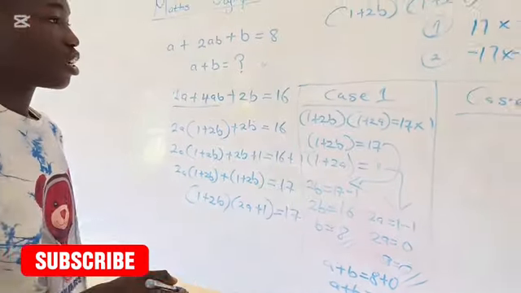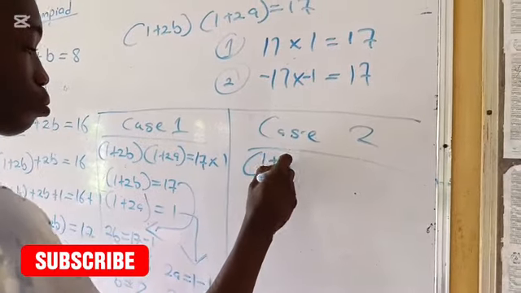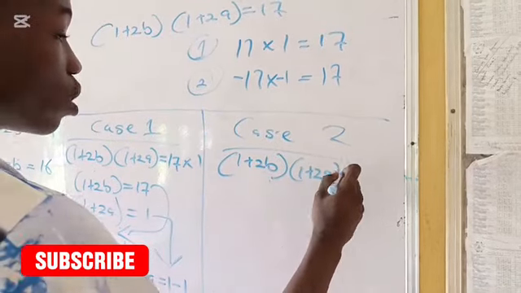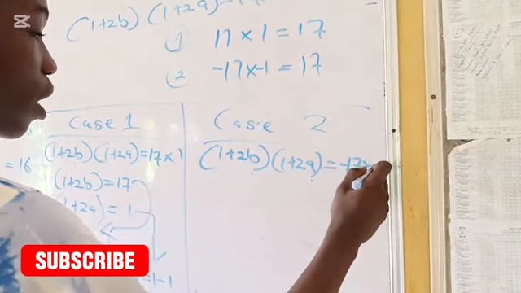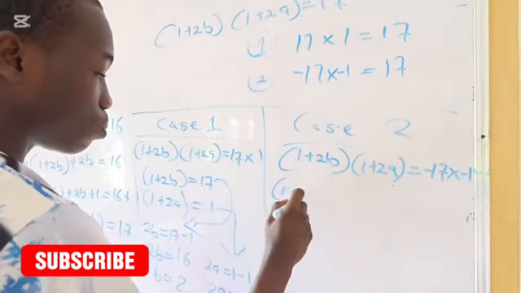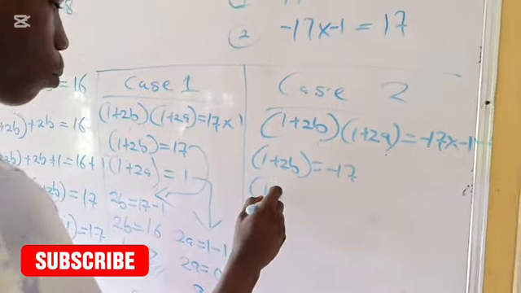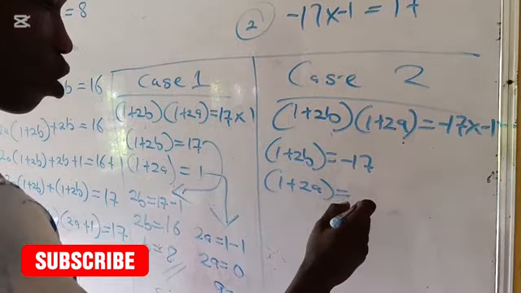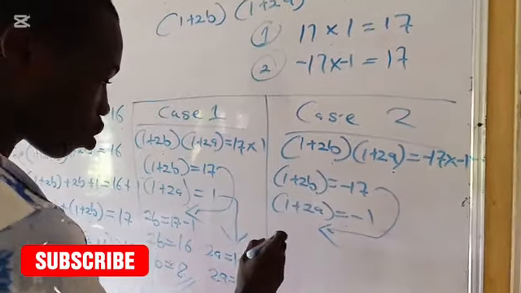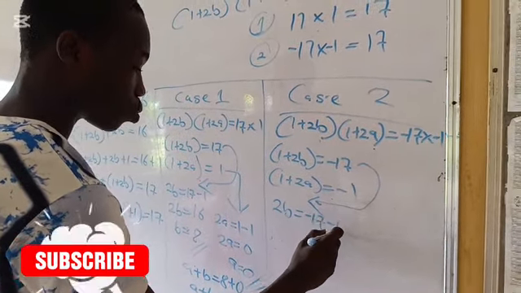From our case 1, now let's consider our case 2. We have 1 plus 2b into bracket 1 plus 2a equals minus 17 multiplied by minus 1. Now we have 1 plus 2b equals minus 17, and also 1 plus 2a equals minus 1. Now from this, when you collect like terms, I'm going to have 2b equals minus 17 minus 1.